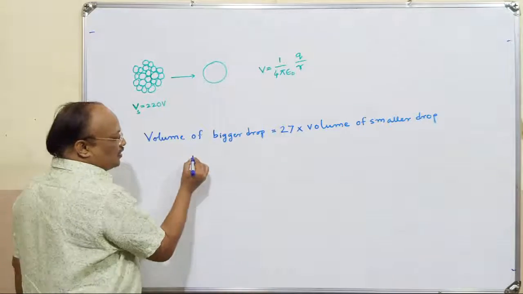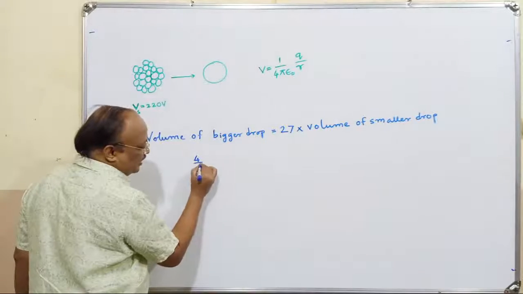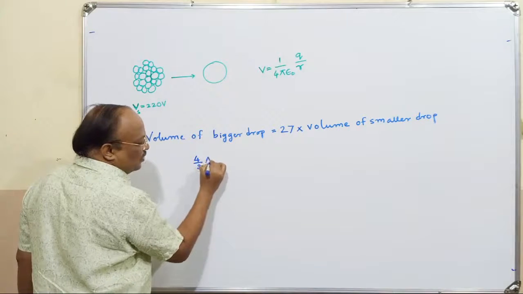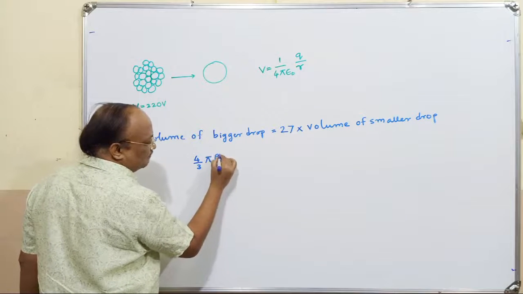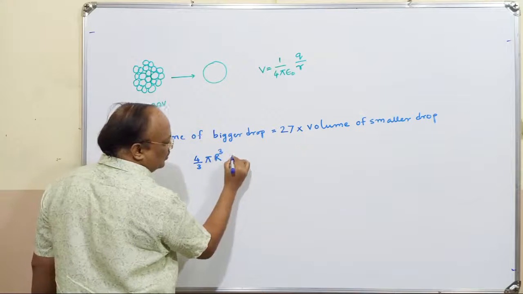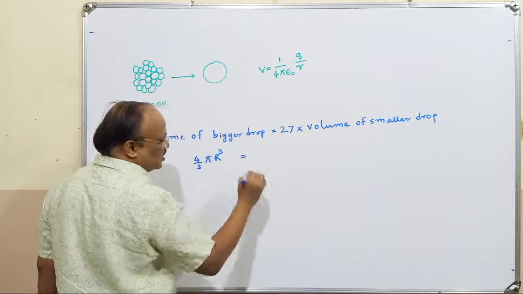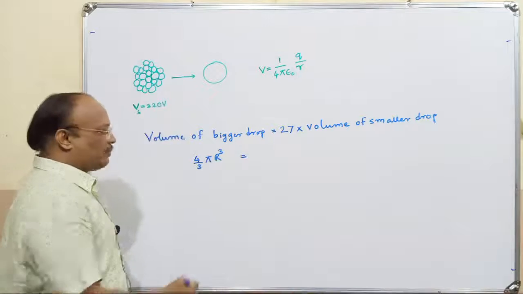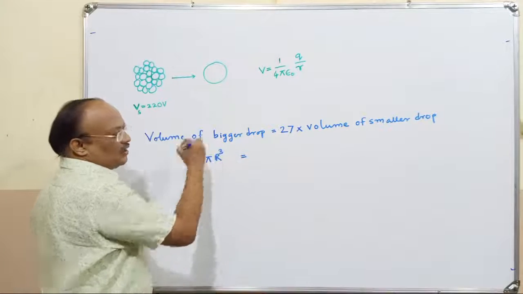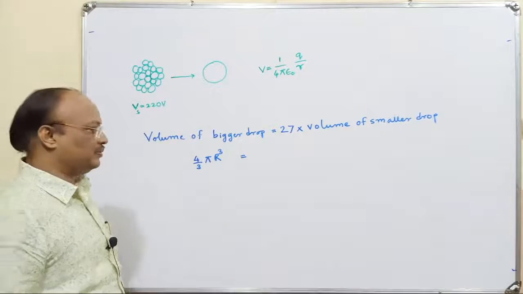So the volume of the bigger drop, if I take, is 4 by 3 pi R cube, where capital R is the radius of the bigger drop.